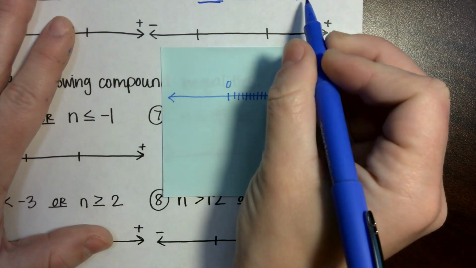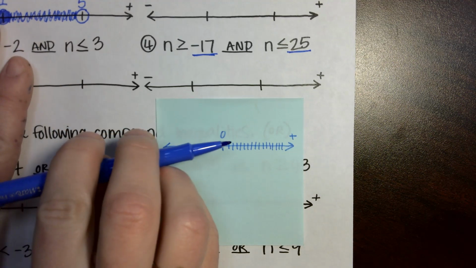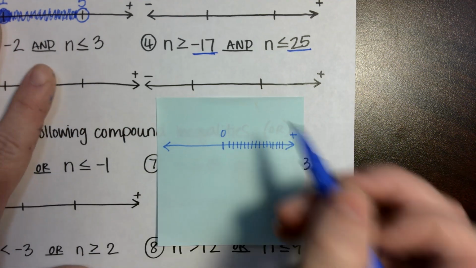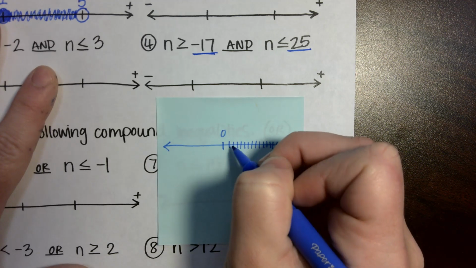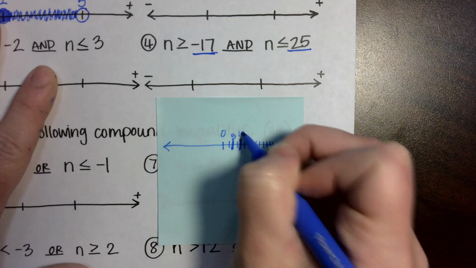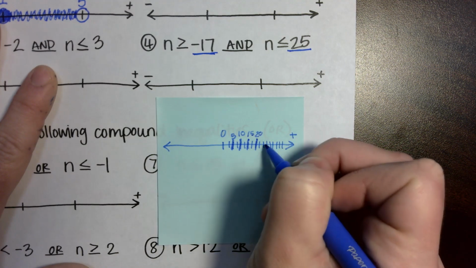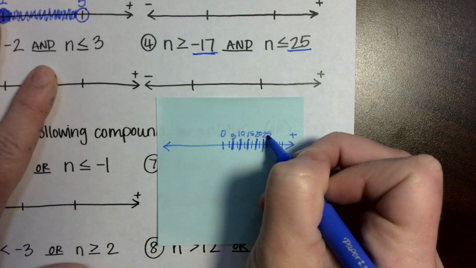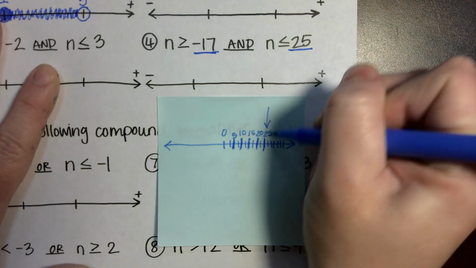So 25, positive 25, it's going to go somewhere on this side as the numbers get larger. Let's actually make this counting by maybe 5s. So here's 5, 10, 15, 20, sorry, it's a little sloppy, 25. Okay, so here's where my 25 is, right there.